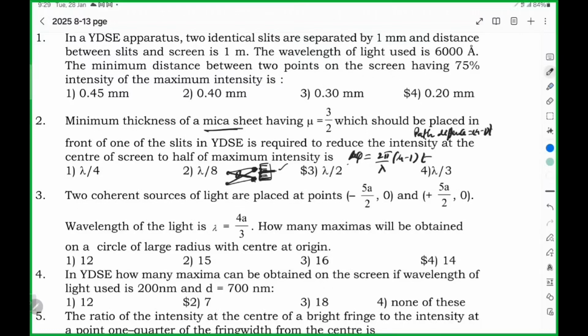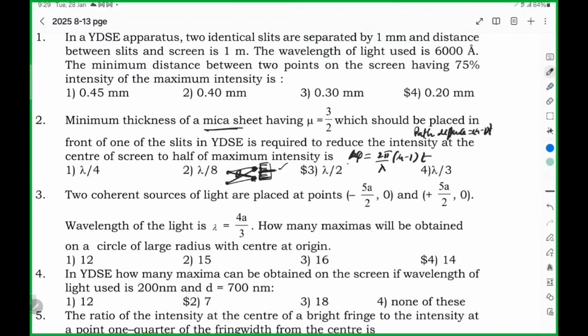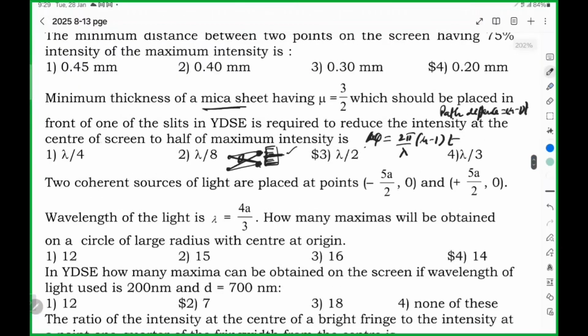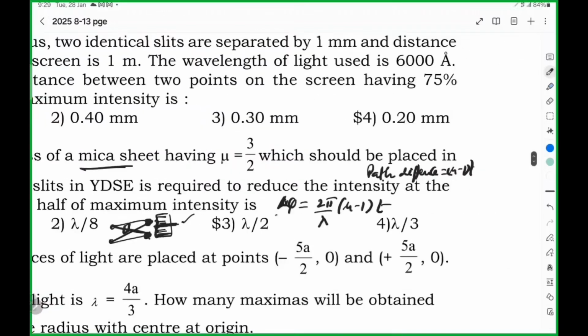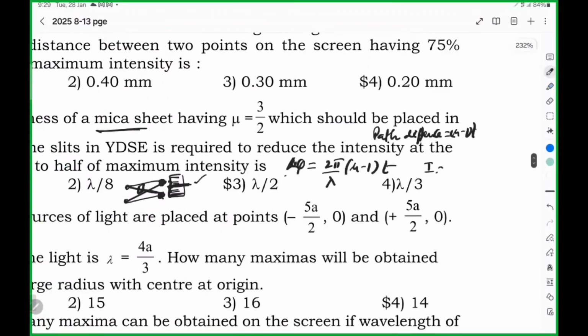So how do we find the intensity? Intensity will be calculated by using the formula I maximum into cos square delta phi by 2. Right. So what is delta phi? It will be 2 pi by lambda into (mu minus 1) into t.